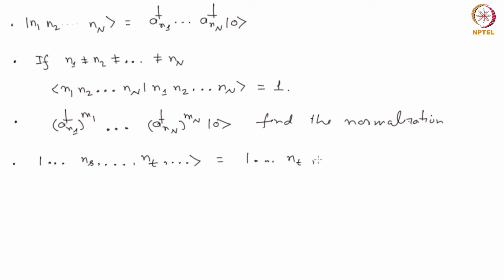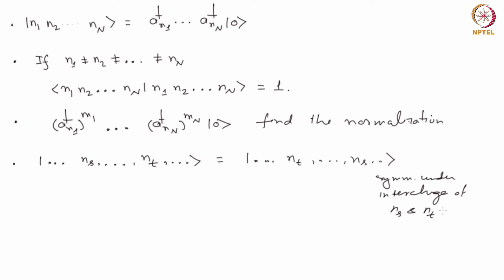This is obvious because these are daggers and they commute, so there is no problem. So symmetric under interchange of n s and n t. So that's the recap of what we did last time.